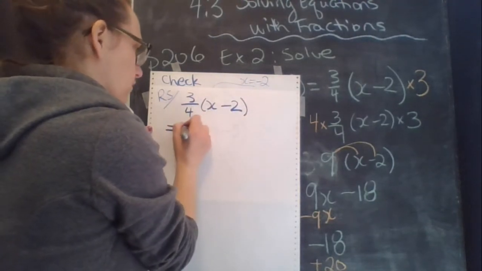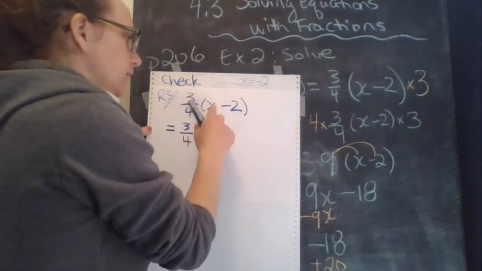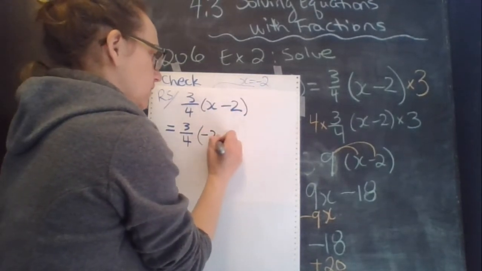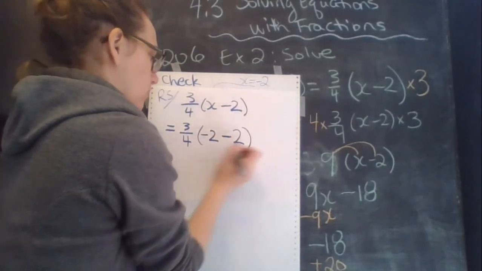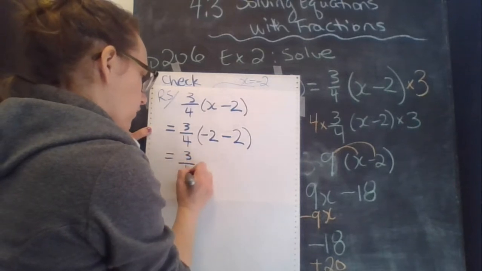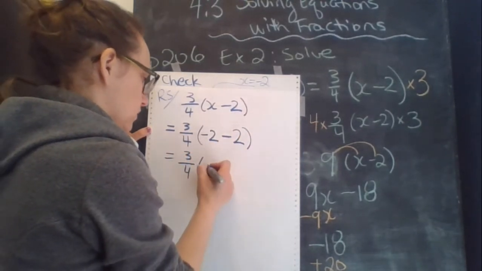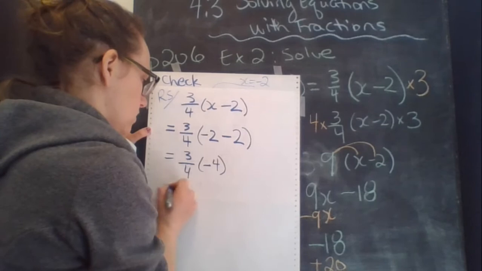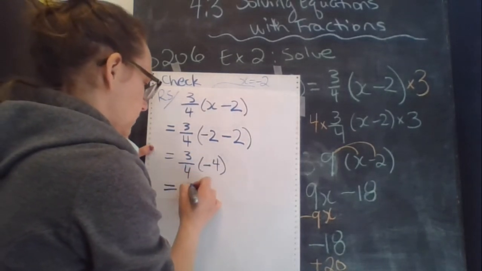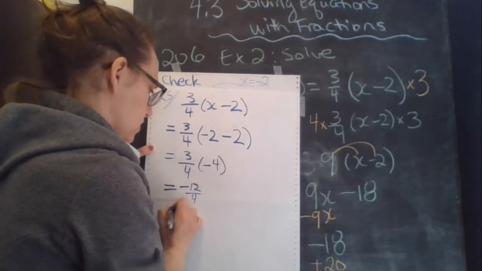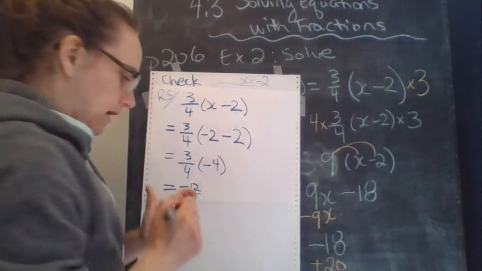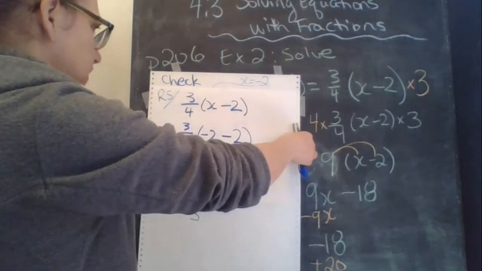At least that's what we solved for. So we're checking to see if it's right. So instead of x, I'm going to write -2 minus 2. So that gives me 3/4 times -2 minus 2 gives me -4. 3 times -4 gives me -12/4. You could have canceled as well. -3.